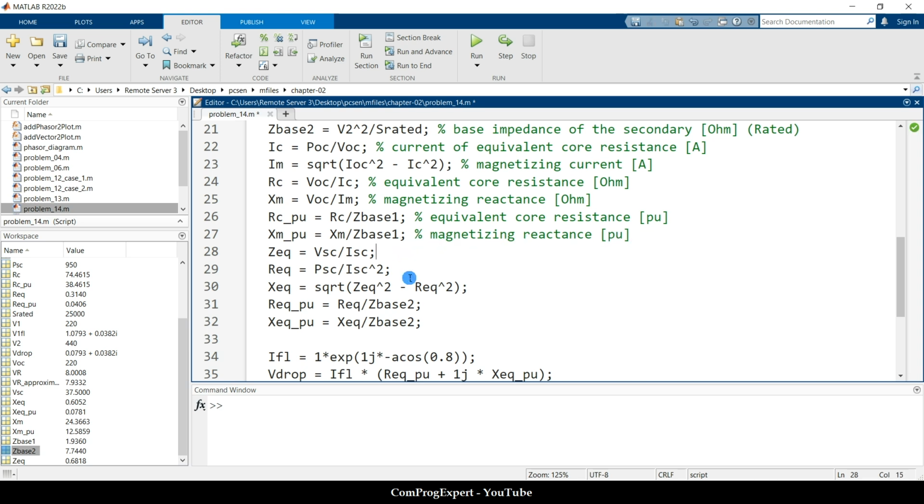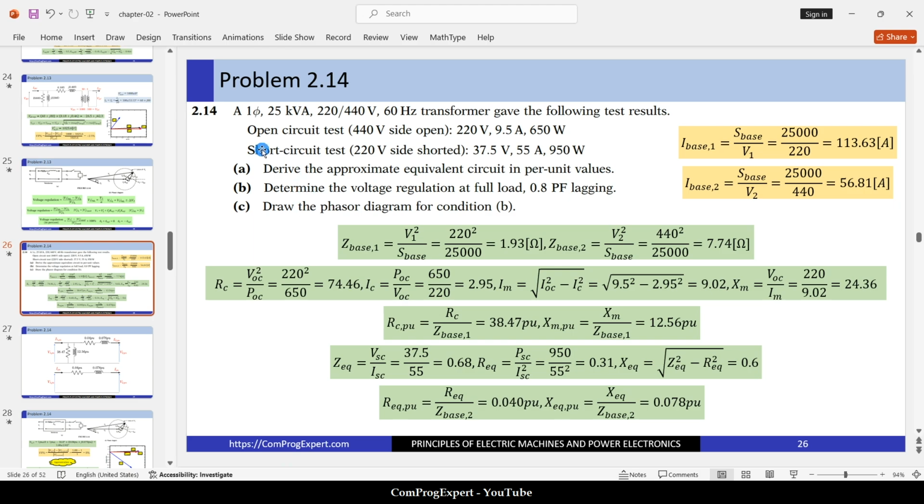And now let's calculate quantities for the short circuit test. In the short circuit test, we apply this voltage, and this is the rated current. The secondary side is shorted, yes, because here in this case, the value of the short circuit current is 55 amps, right?